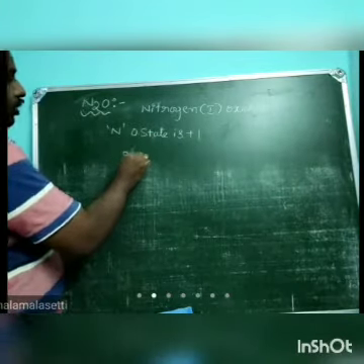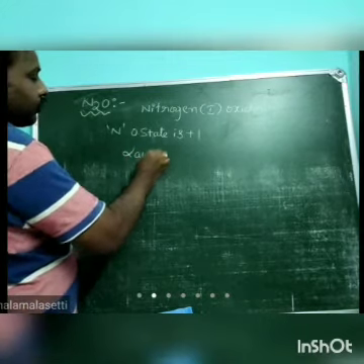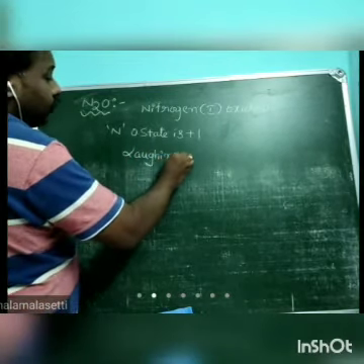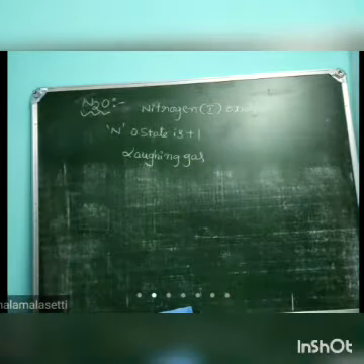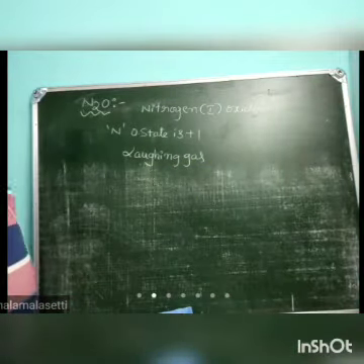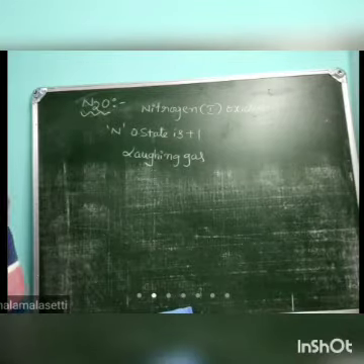It is also called laughing gas. So why is it called laughing gas? When it is inhaled by a person, it causes hysterical laughter. That's why it is also called laughing gas.